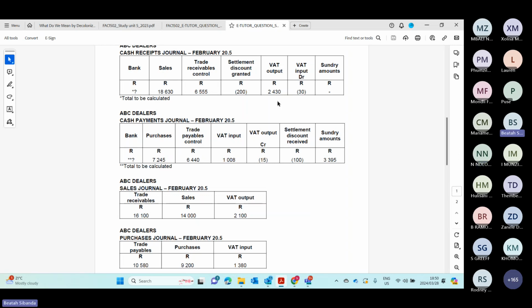I was even confused why the sales amount is inclusive of VAT, because in the previous activities that I've tried, it was not inclusive of VAT, but the amount that was inclusive of VAT should be under the bank column. I don't know whether I'm making sense.